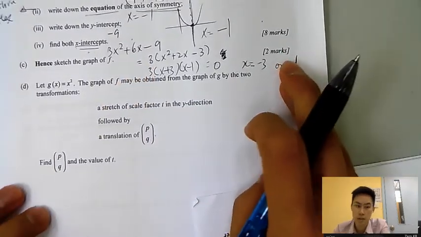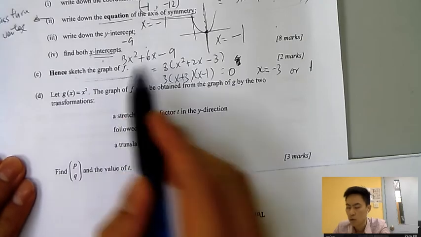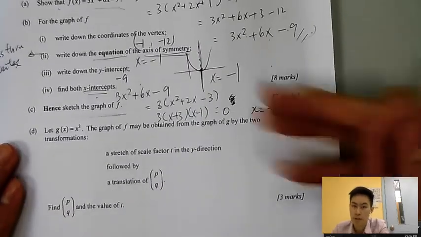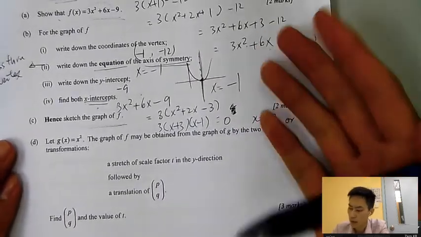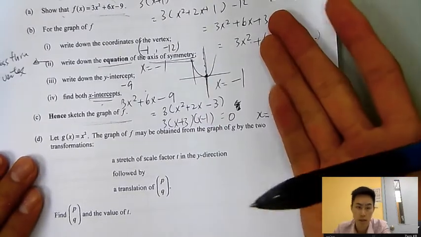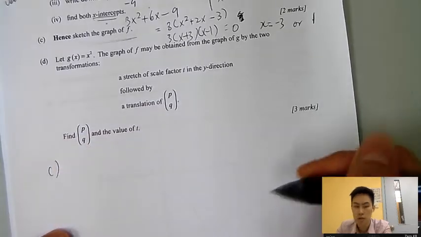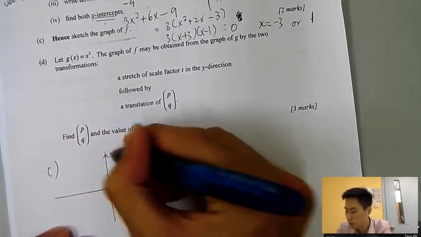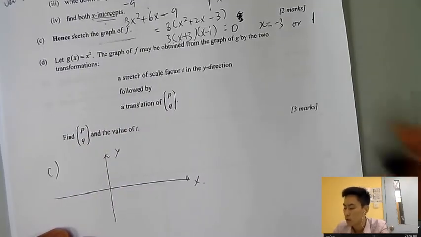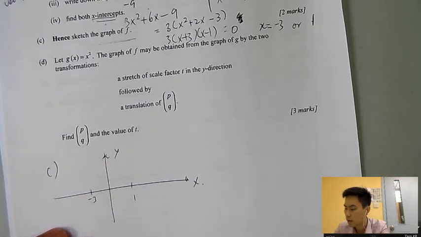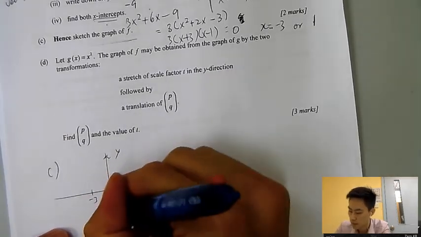Okay, and then question C asks you to sketch the graph. I have all the information here, because I know the x- and y-intercepts, and I know the vertex. So then you just draw the graph by hand. This one is paper 1. So for C, the x-intercepts are minus 3 and 1 here, and the y-intercept is minus 9, right?